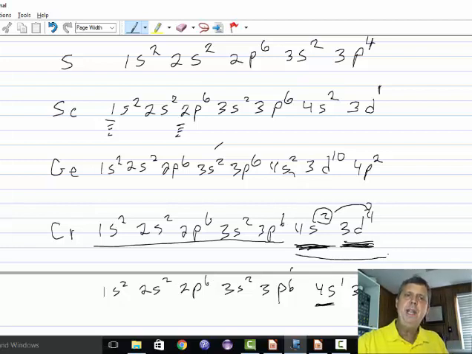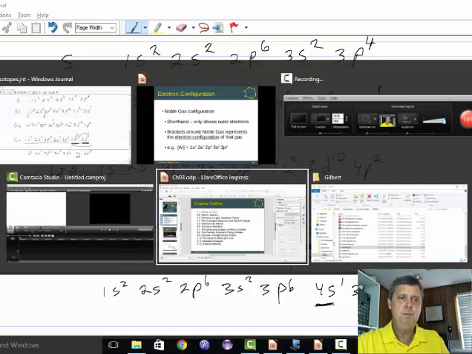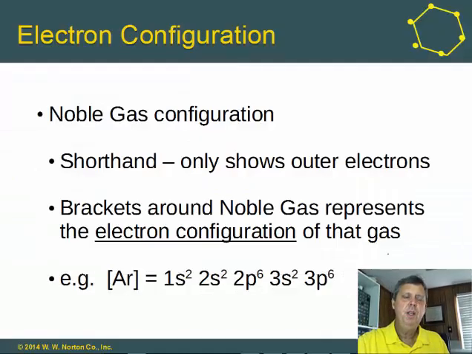So we use what's called a noble gas shorthand, noble gas configuration, to abbreviate, just to make it easier to write. And as this is showing, the noble gas configuration is a shorthand, and it only shows the outer electrons. So we put brackets around the noble gas to represent the configuration of that gas.